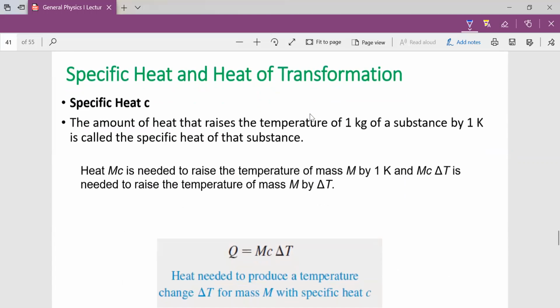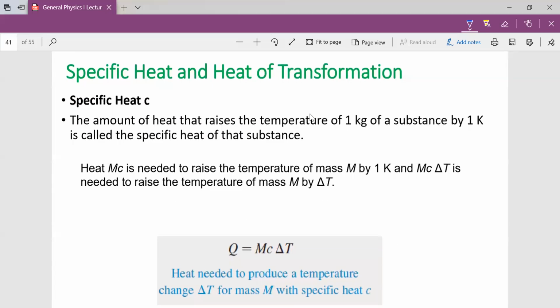So we'll move on to the next, which is the specific heat and heat transformation. Now, specific heat is represented with the symbol C, and it's simply the amount of heat that raises the temperature of 1 kg of a substance by 1 Kelvin, okay?